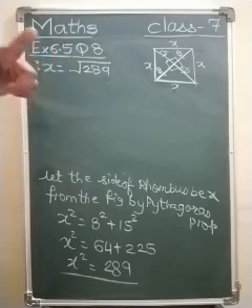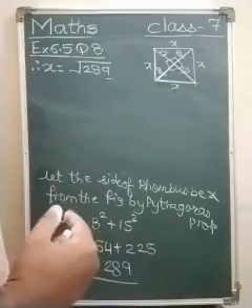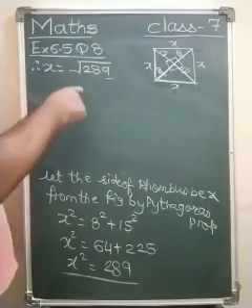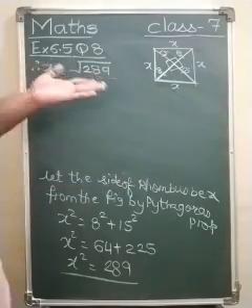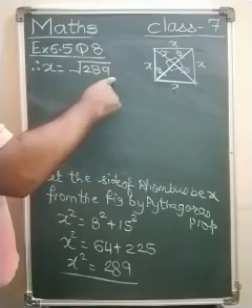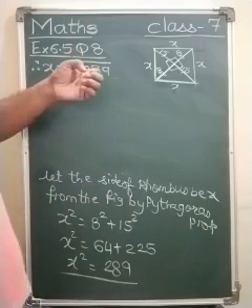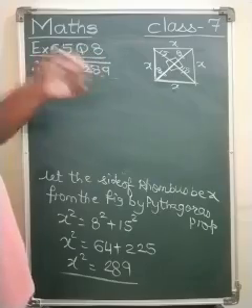One of the numbers is 3. 3 3s are 9. So we can take 13, but 13 multiplied by 13 is 169, so the small number won't come. The next number is 7, 7 7s are 49, so on the unit place we will get 9. So this may be the square root of either 13, 23, 17 or 27.